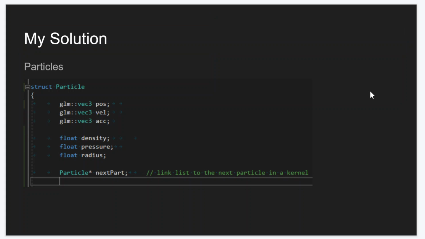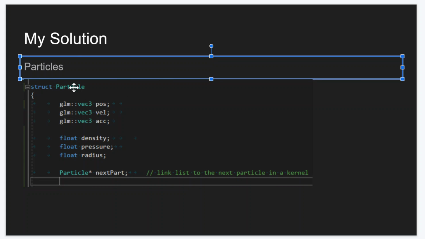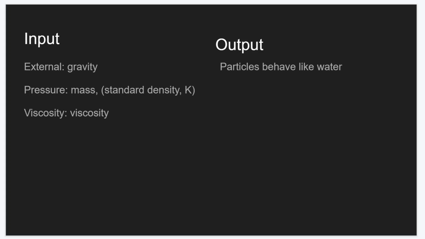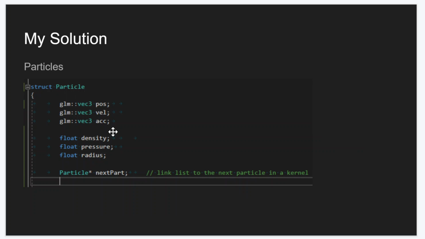How my solution works: I have a struct of particle inside of which there's a position which defines where the particle is, the velocity which defines how fast and in which direction it moves, and acceleration which defines the acceleration of this particle. This acceleration is resolved from the force right here.